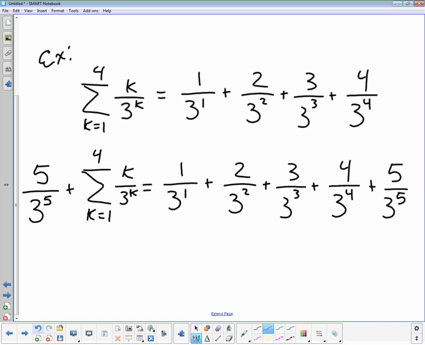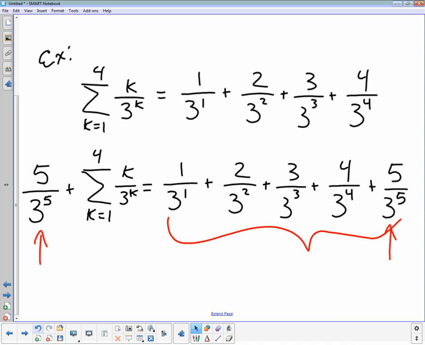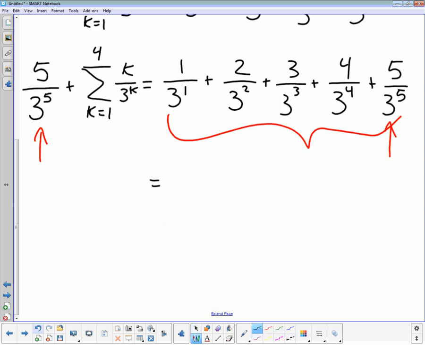You see, I have added both of these terms. And now what this whole thing looks like is, okay? So that's how you can change a bound if you need to. And this was kind of at the crux of the sigma notation induction problems.